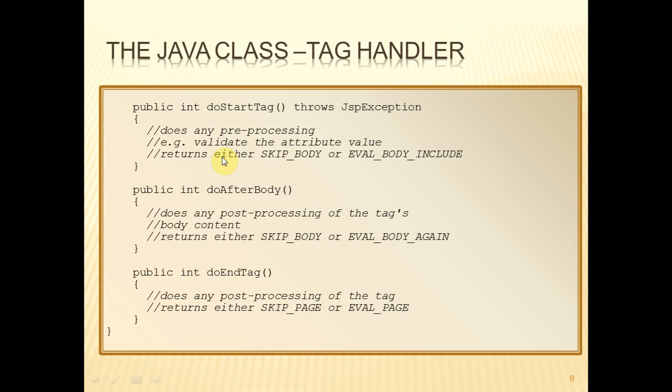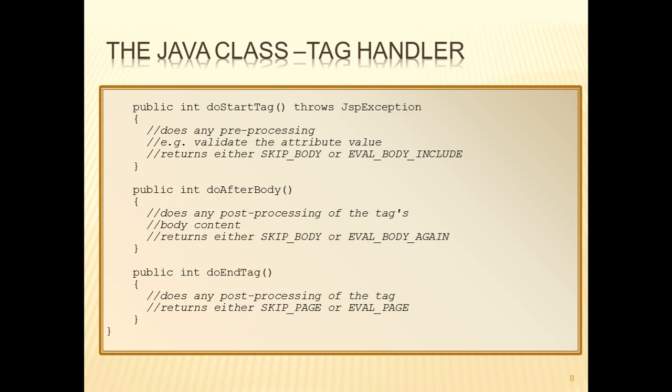In this example, there is no body to process, so it's not going to call doAfterBody, but will straight away call doEndTag. But if there is a body and you evaluate it, then doAfterBody will be called after the tag body has been evaluated.